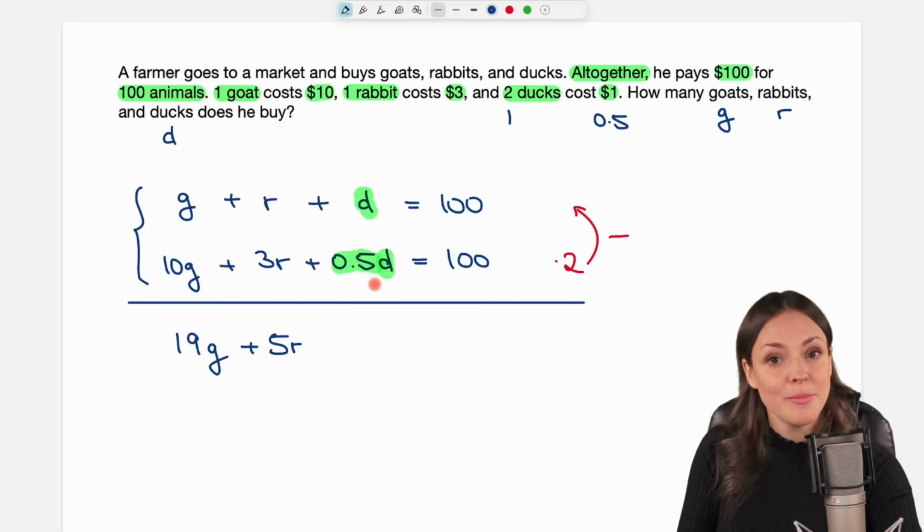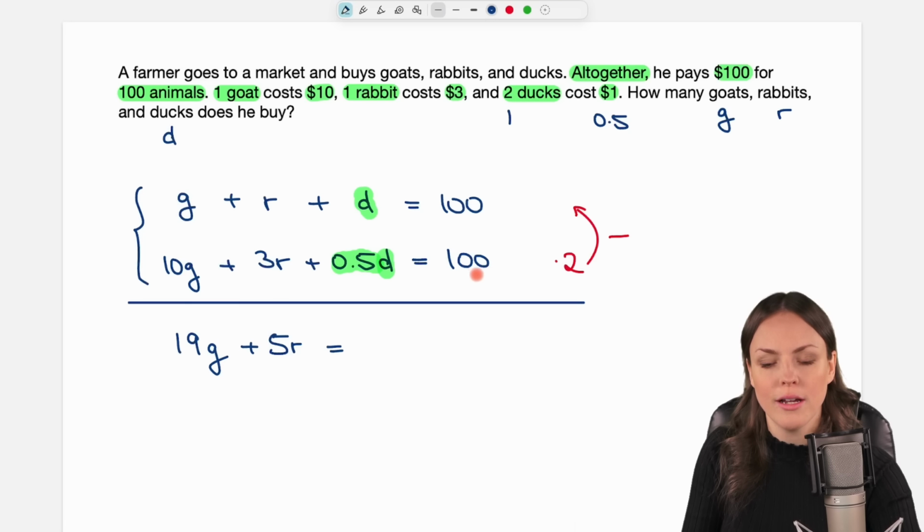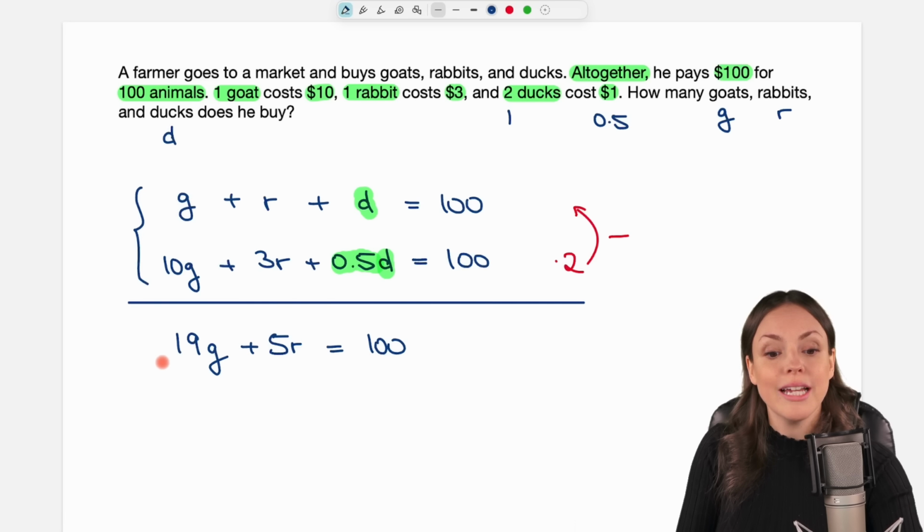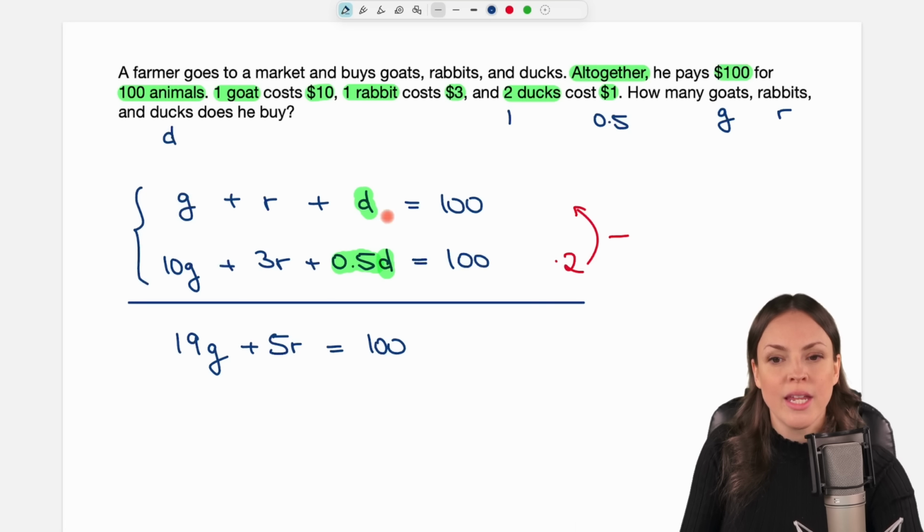The D will disappear because 0.5D times 2 equals 1D minus 1D, so this cancels out. That's what we wanted. And on the other side, we have 100 times 2, which equals 200 minus 100, that is 100. Okay, so now we only have one equation with 2 variables.